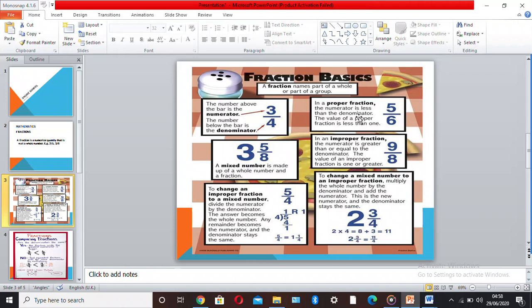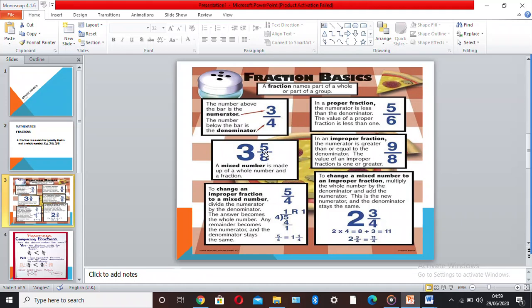That makes it a proper fraction. How about if the numerator is greater than or equal to the denominator? That means the value of that fraction is either 1 or greater than 1. So it's not a proper fraction, it's an improper fraction.